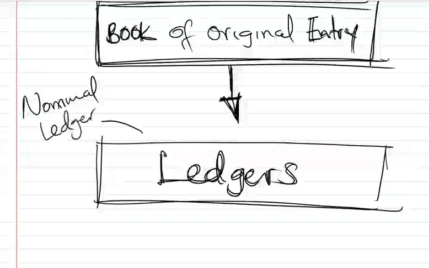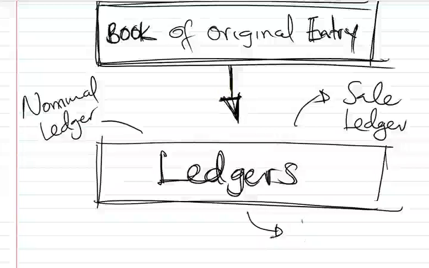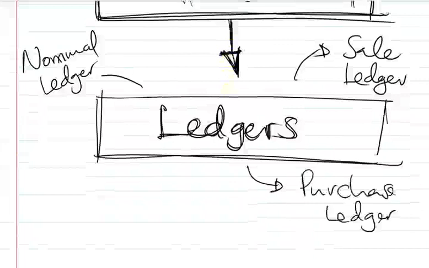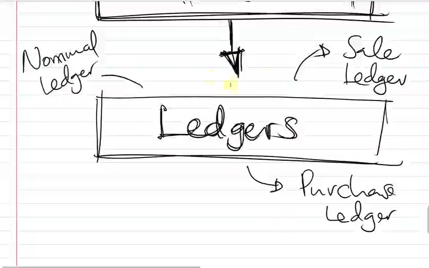The other is the sales ledger. The last one is the purchases ledger. We already looked at this, so I'm not going to explain. I'm just reminding each other of the flow of information until we reach the financial statements.